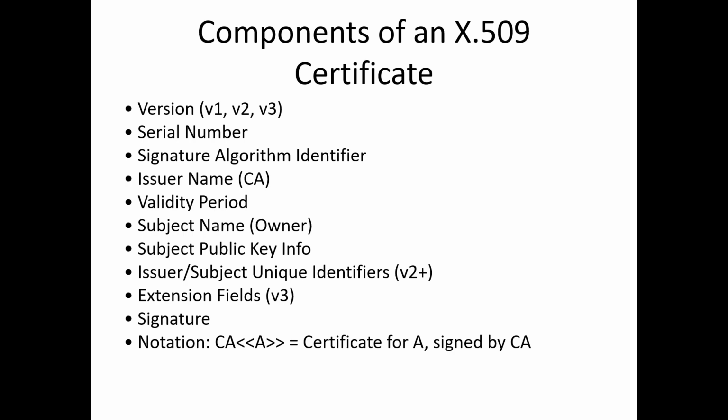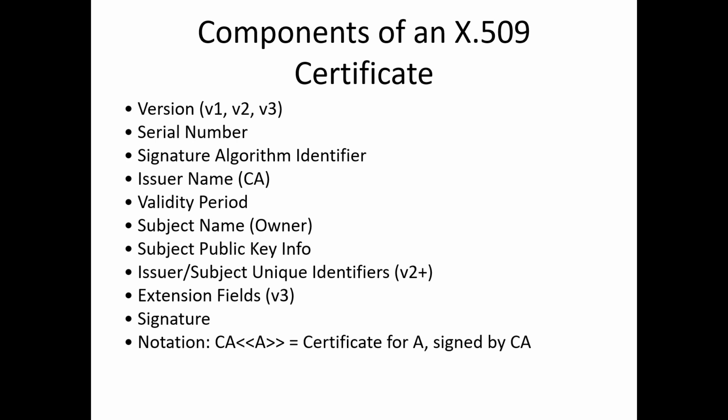Then the validity period specifies the validity of the certificate. Suppose we take a driving license: it has a limited time of expiry. After a certain age it expires, so we have to renew the driving license once again.